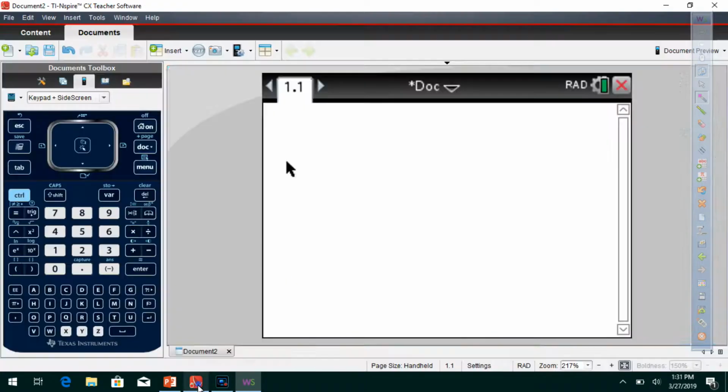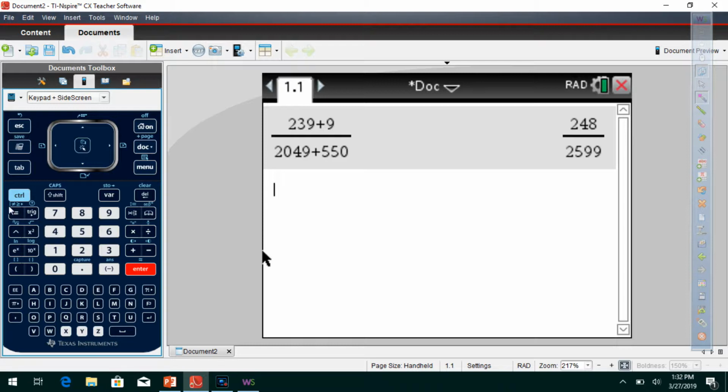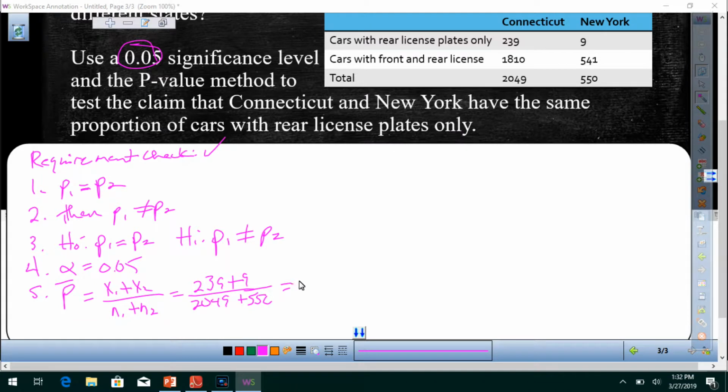All right, so let's go to our calculator. 239 plus 9 over 2049 plus 550. And that's not working out just right. So we get 0.095421.